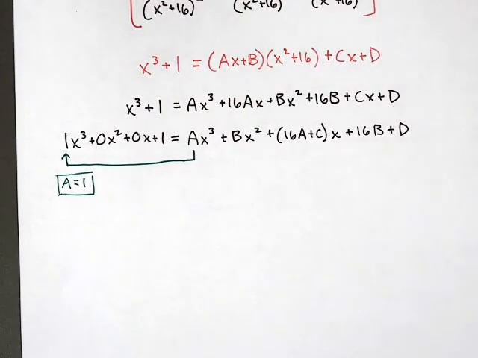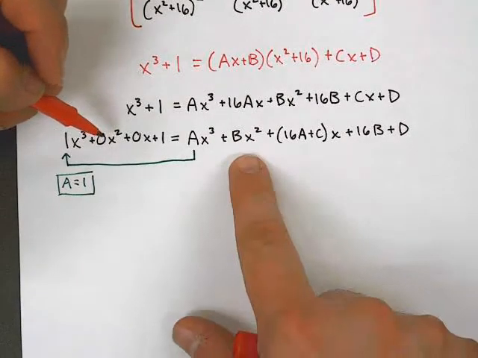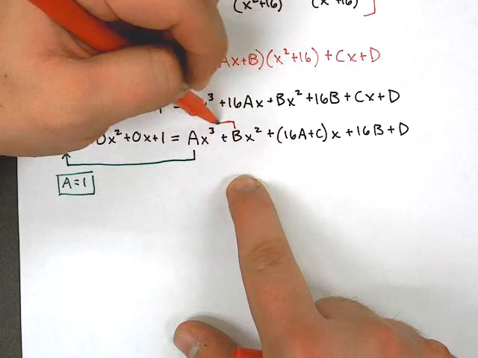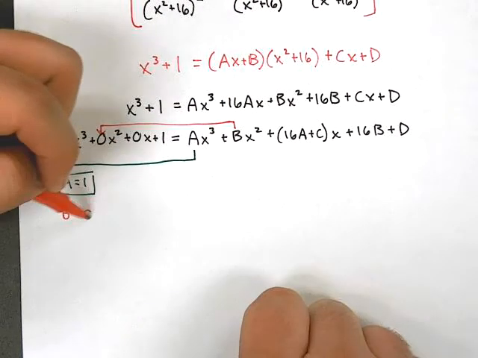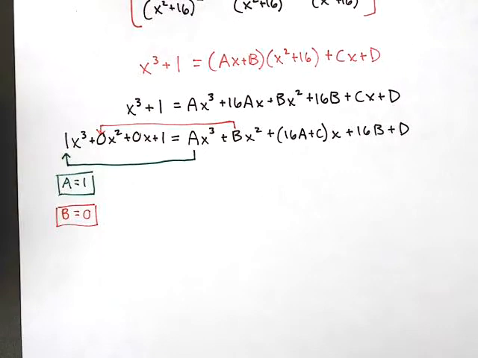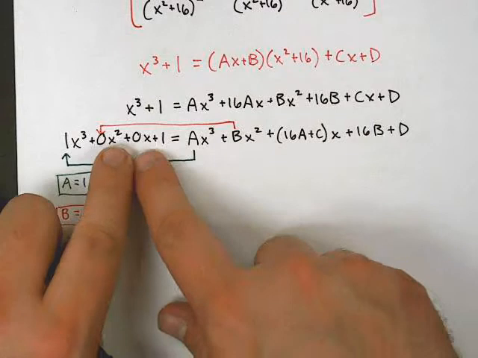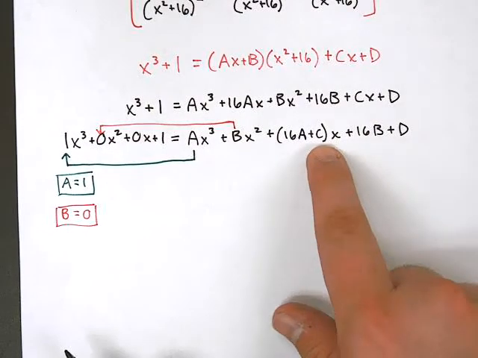What else do we know? Well, let's compare. 0x squared, bx squared, what does that tell me? Well, that tells me that b must be 0. Perfect. Now this is the one, and I just want you to think about this with me here. I have a 0x, and I have a (16a plus c)x.